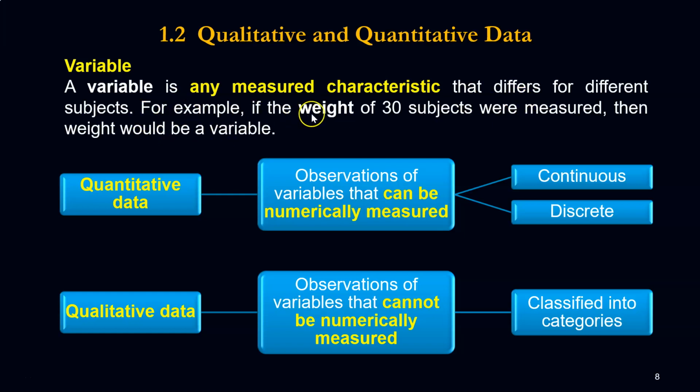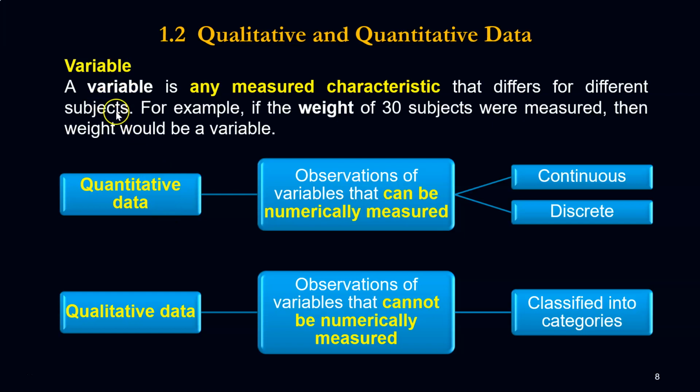For example, if the weight of 30 subject were measured, then weight would be a variable. Variable tu pemboleh ubah lah. Contoh, berat, weight, height, tinggi, apa lagi? Colors. So those are all what we can call variables.